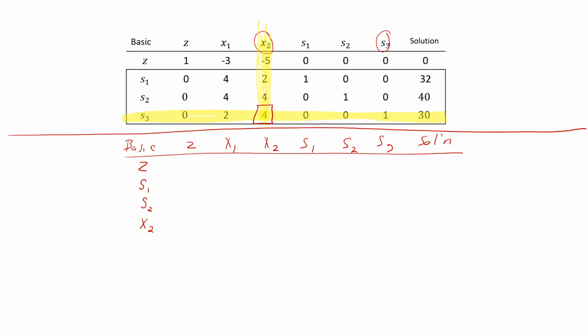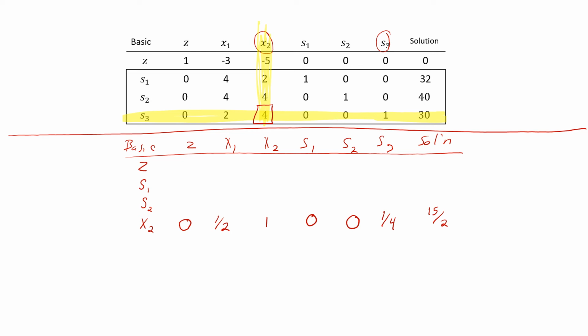Going across, 0 divided by 4 is 0. 2 divided by 4 is 1/2. 4 divided by 4 is 1. 0 divided by 4 is 0. 0 divided by 4 is 0. 1 divided by 4 is 1/4. 30 divided by 4 is 30/4, or 15/2, or 7.5, however you want to represent it. So there's our pivot row.